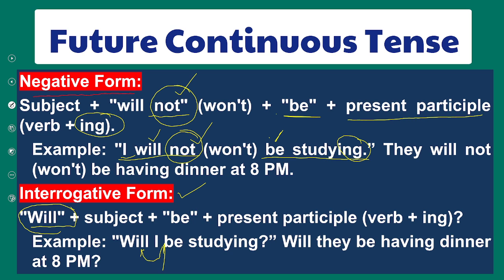So what will the sentence become? Will I be studying? So you have to insert the same be, the same ing form with a question mark, and you have to change the position of modal verb will before the subject. And what will the sentence become? Will I be studying? So this is how you can transform future continuous tense into its interrogative form.